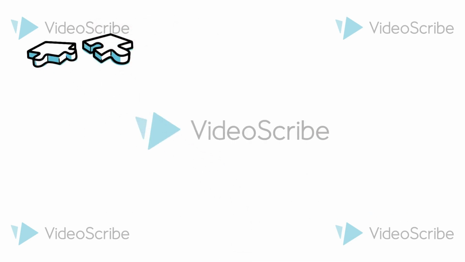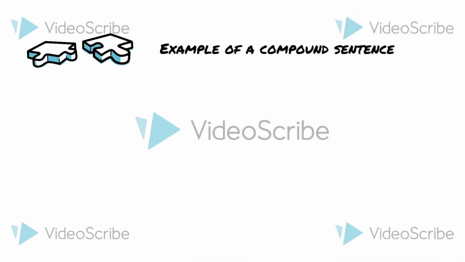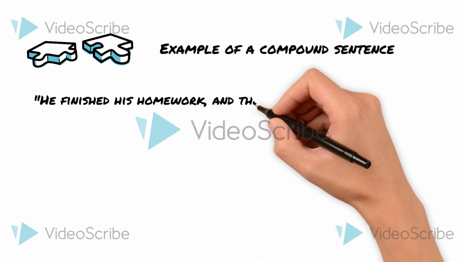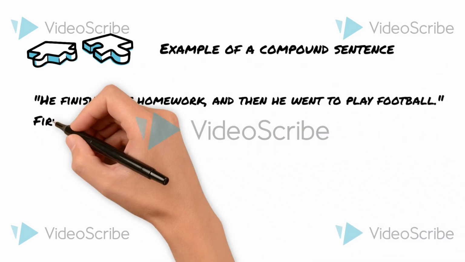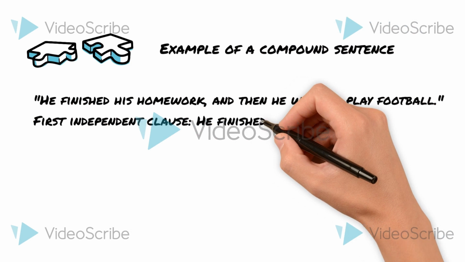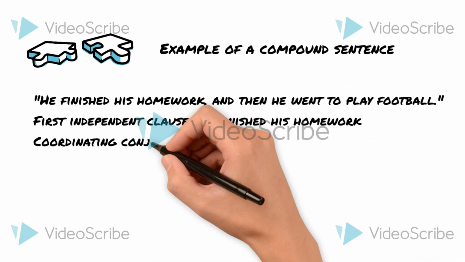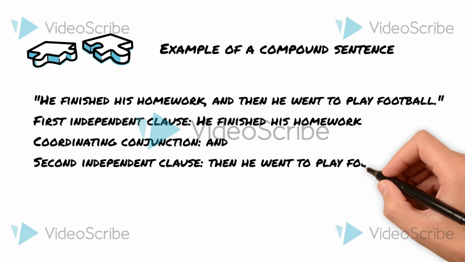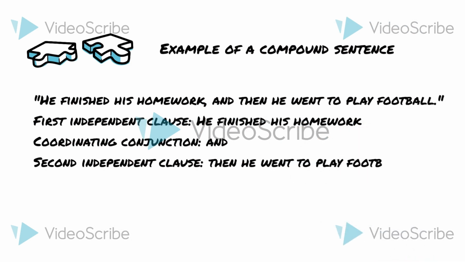Example of a compound sentence: He finished his homework and then he went to play football. The first independent clause is he finished his homework. The coordinating conjunction is and. The second independent clause is then he went to play football.